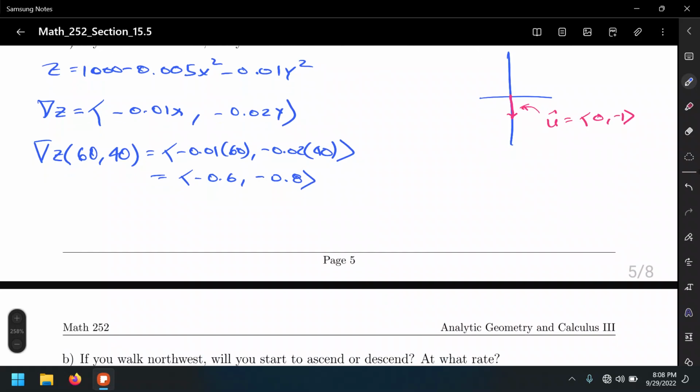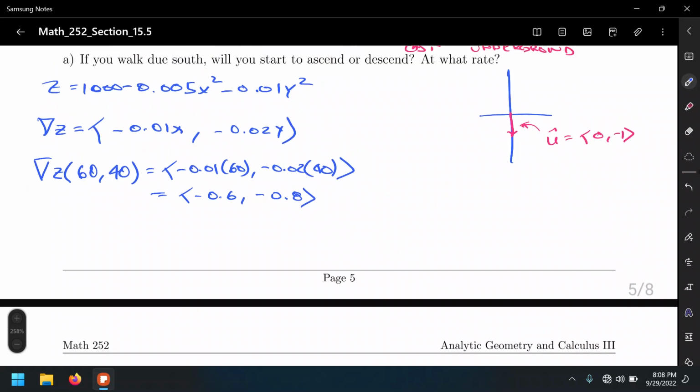So let's find the directional derivative in the direction of u. That's going to be the dot product between the gradient vector, negative 0.6 comma negative 0.8, and the unit vector, in this case 0 comma negative 1.